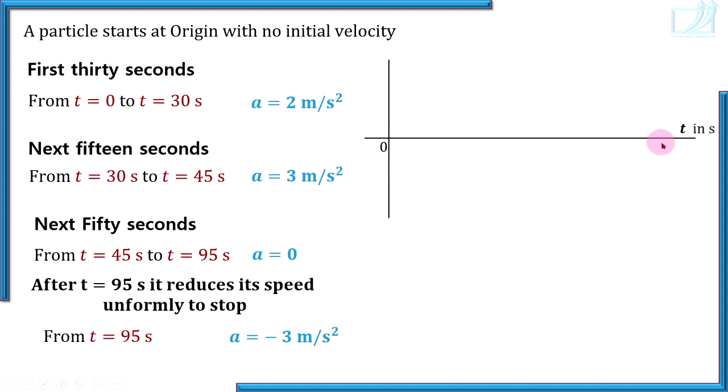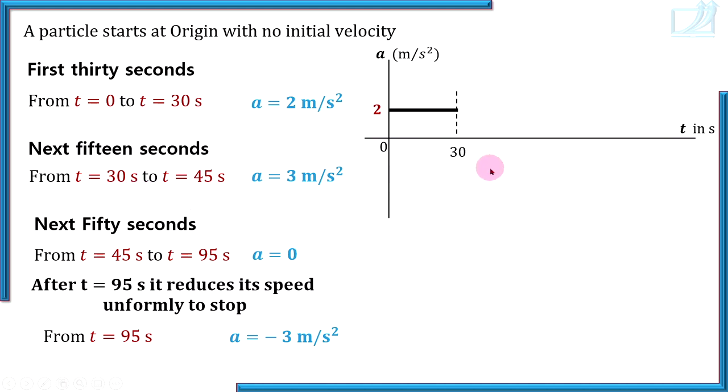So along x-axis we take time, along y-axis we take acceleration, and this information we draw in the diagram. From t equal to 0 to t equal to 30, we show that acceleration is constant, 2 meters per second squared, by drawing a horizontal line. This horizontal line suggests that acceleration is not varying in 30 seconds.